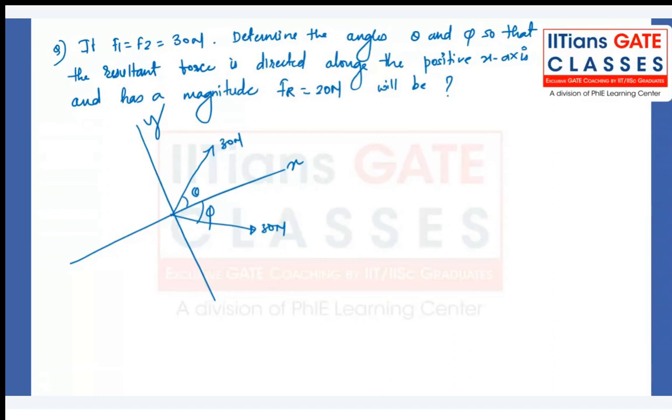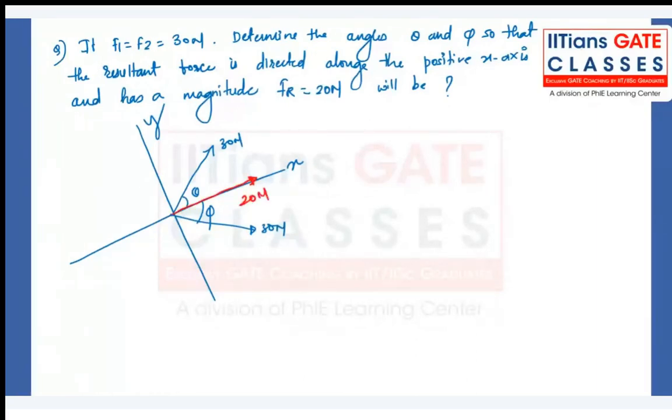You should try to solve it directly. So I'll repeat to help you understand. Determine the angles theta and phi so that the resultant force is directed along the positive x-axis. Okay, so what they are saying is the magnitude of the resultant is 20 Newton. Okay, this is the given data.